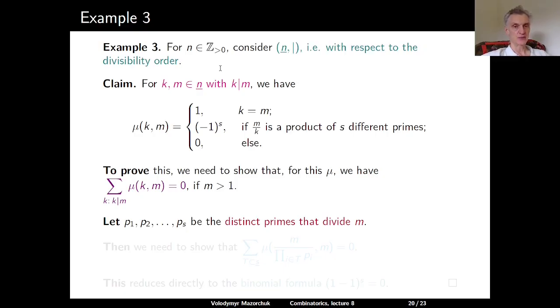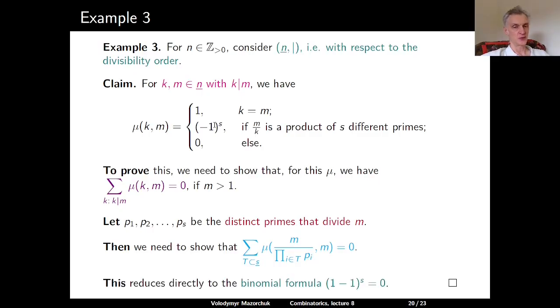Then, when we write down explicitly and only look at the terms which are non-zero, we need to prove that the sum over all t, the subset of S underlined, the value of mu applied to m divided by the product of all pi's over i in t, m is equal to 0. And again, using the binomial formula, this reduces to the expression 1 minus 1 to the power s is equal to 0, just like for the Boolean.